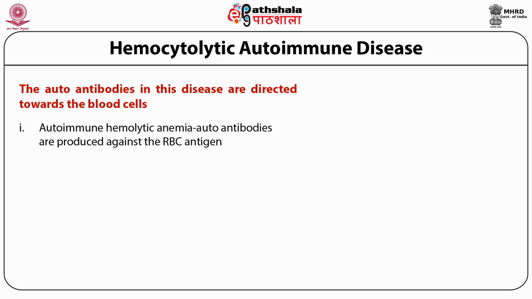This leads to insufficient plasma concentration. The lifetime of the RBCs is hence reduced from 100 to 120 days to just a few days. The components of the RBCs are hence released in the tissues and it leads to characteristic symptoms of the disease. This condition in humans is very rare, with only 1 to 3 people per 100,000 per year suffering from AHA.